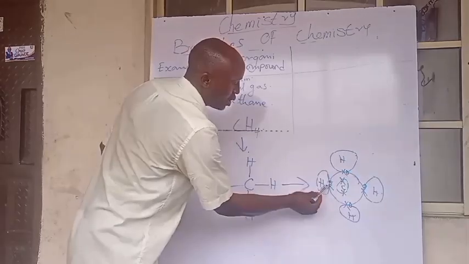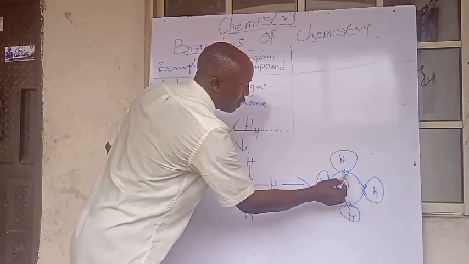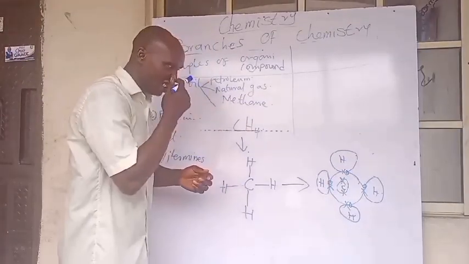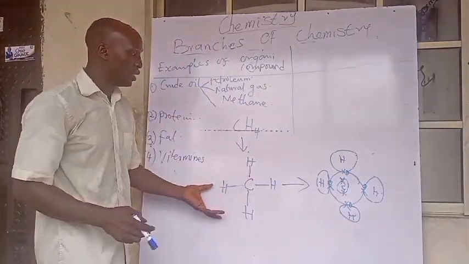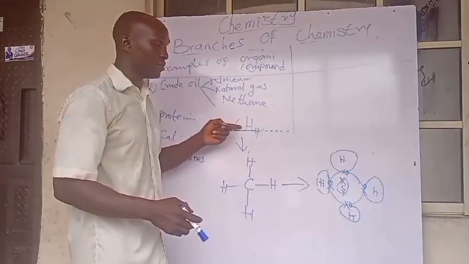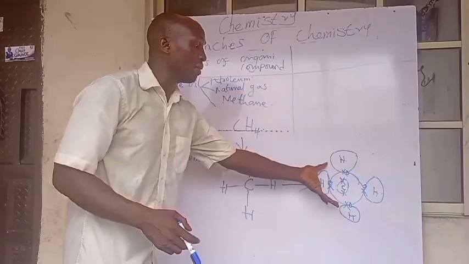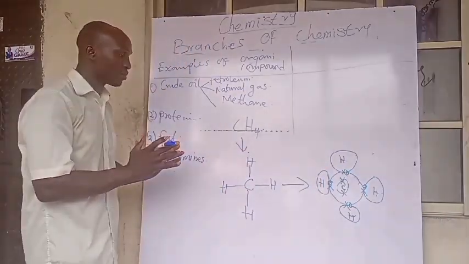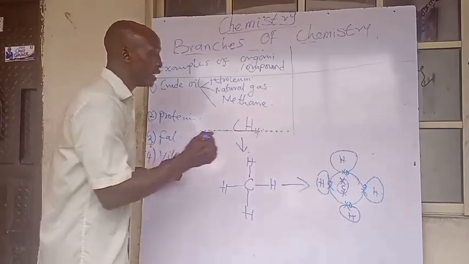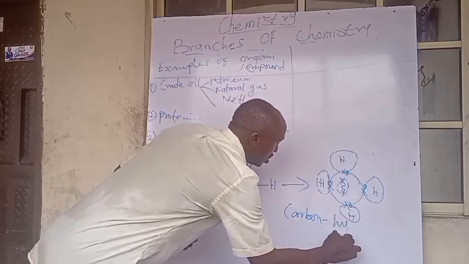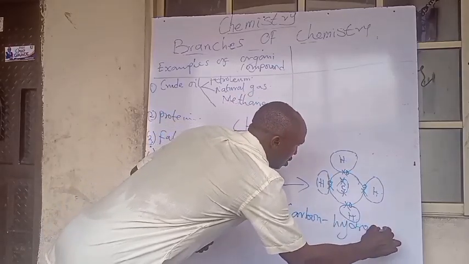Let's count: 1, 2, 3, 4, 5, 6, 7, and 8 is complete. This shows you the chemical structure of methane, and how this chemical structure is gotten. So now we've seen what is meant by the carbon-hydrogen bond.